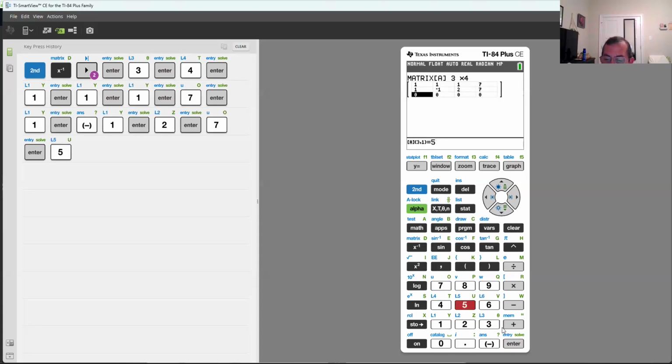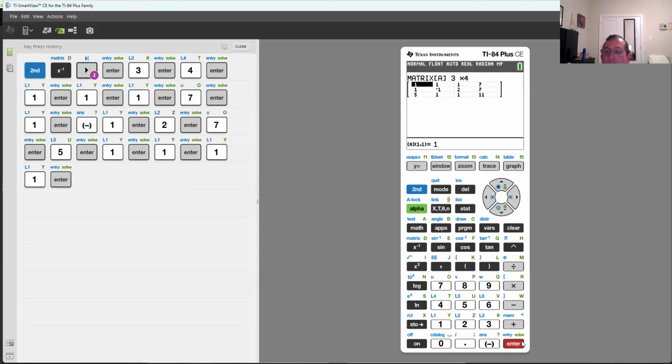Last row, I had 5 x's, 1 y, 1 z, and that equaled 11 inner.